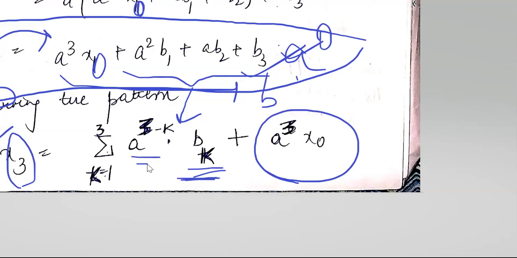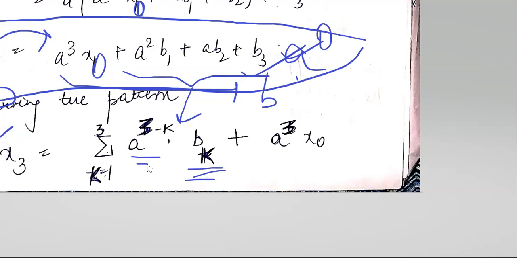Suppose now I ask you that you have to write it generally for xt. So then k goes from 1 to t, a to the power t minus k times b subscript k, plus a to the power t into x naught. This will become the expression for xt, right?